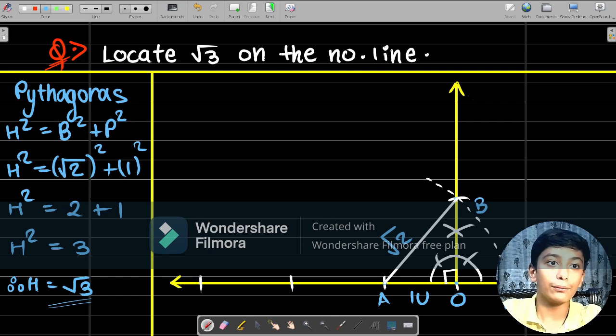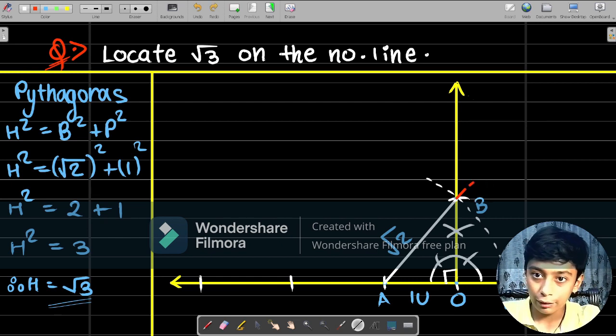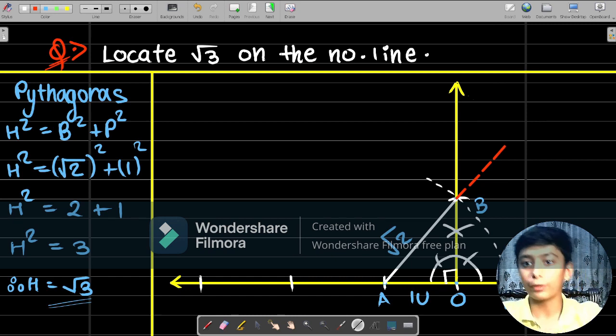Now I am going to take a red marker. Yeah. So after this we will draw a dotted line. A dotted line from point B. We will continue this line, okay? So yeah, and so on it will go on further.